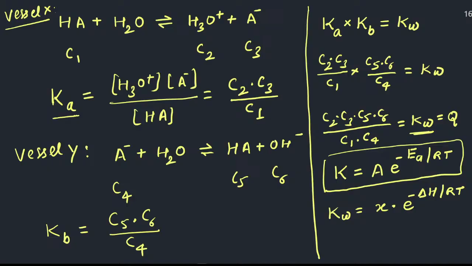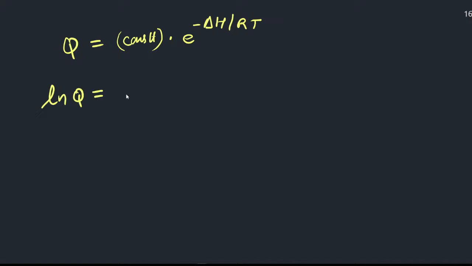So in this case, Q is equal to a constant into e raised to power minus delta H by RT. So natural log of Q is equal to natural log of this constant minus delta H by RT.